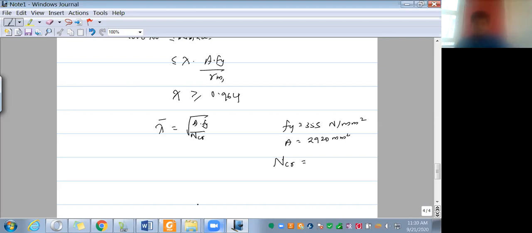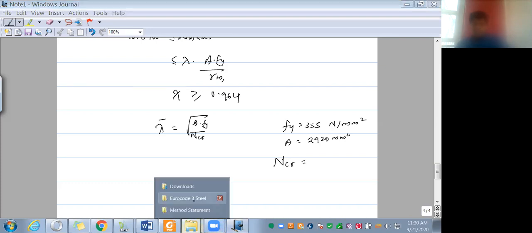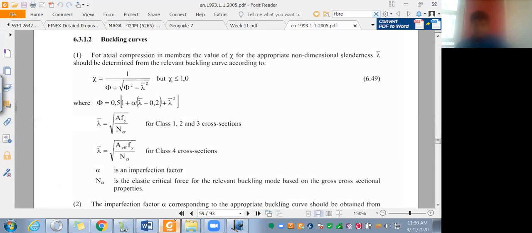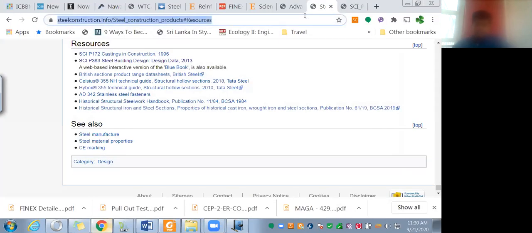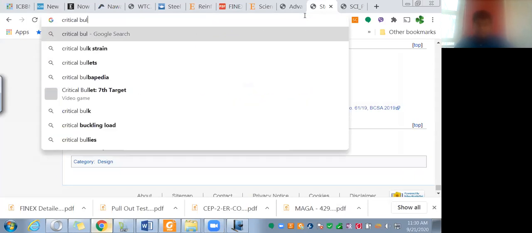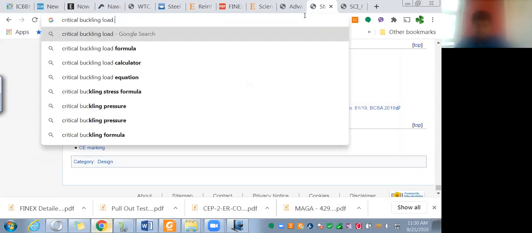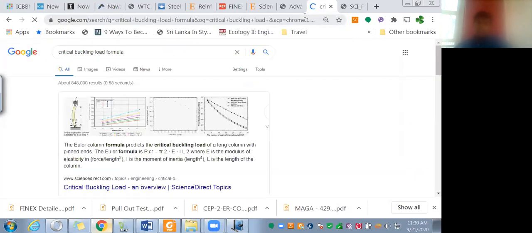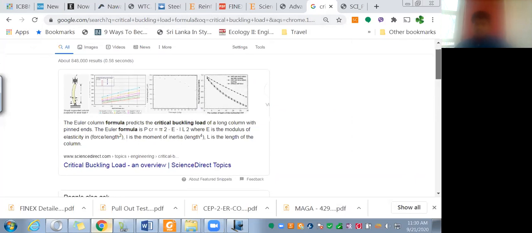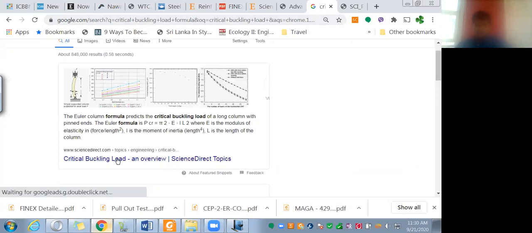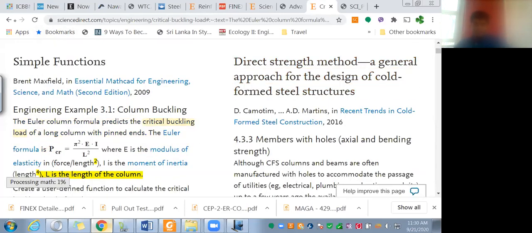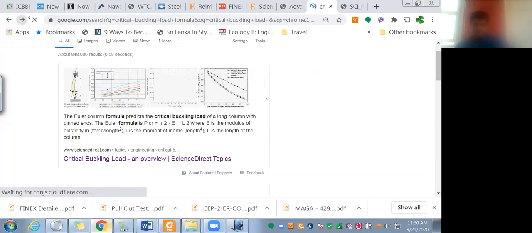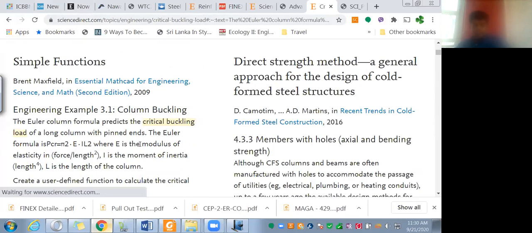So if I show you some critical buckling loads, you can remember this, Euler's equation.